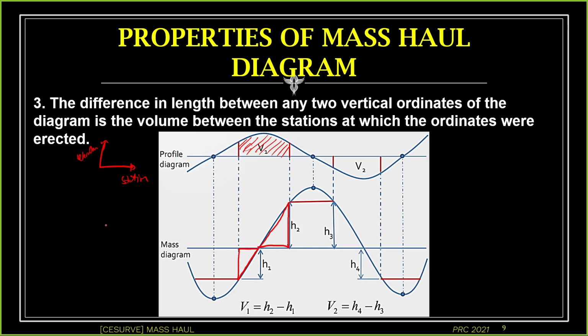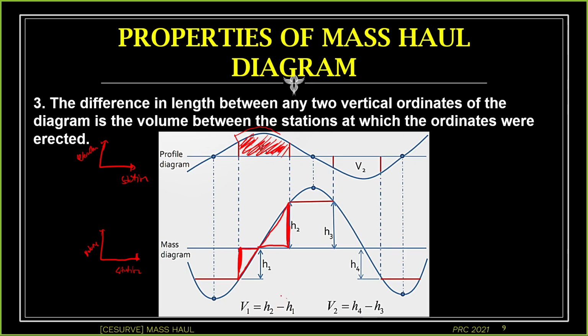On the other side, sa mass diagram, ang X ay station, ang Y is volume. Okay? That is why ito, yung area neto times yung width, so volume na, is equal sa Y value neto plus sa Y value neto.